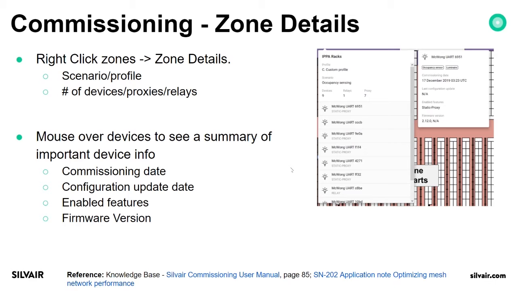You can see all the scenarios and profiles, and which devices are set as proxies or relays. Additional information consists of commissioning date, configuration update date, enabled features, and firmware version. So, for example, if you have a device and you don't know what firmware is on it, you can just commission it and check in the web app what firmware version is delivered with this device.